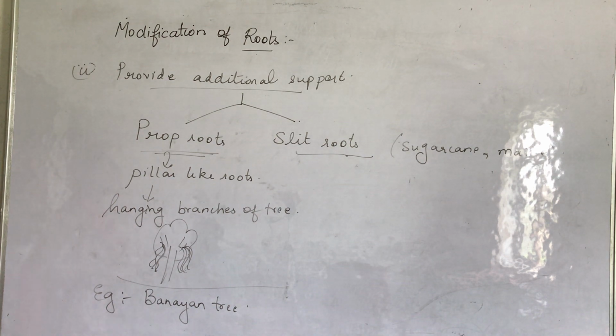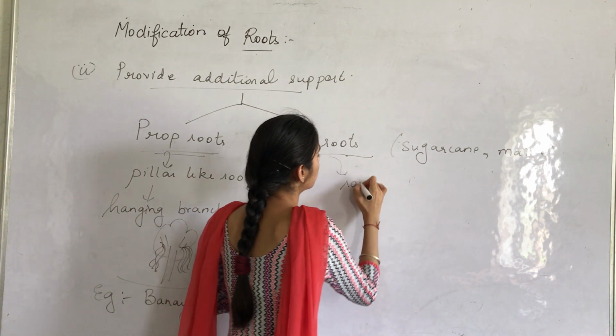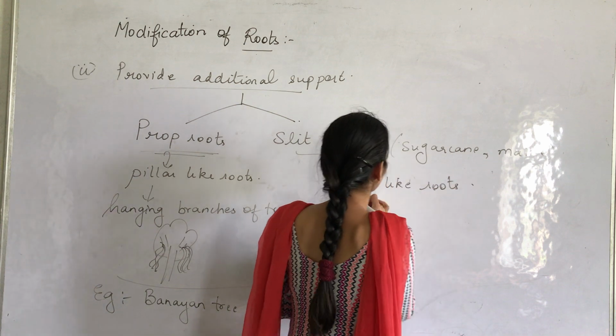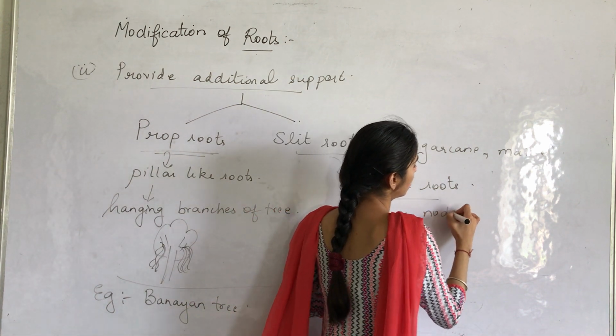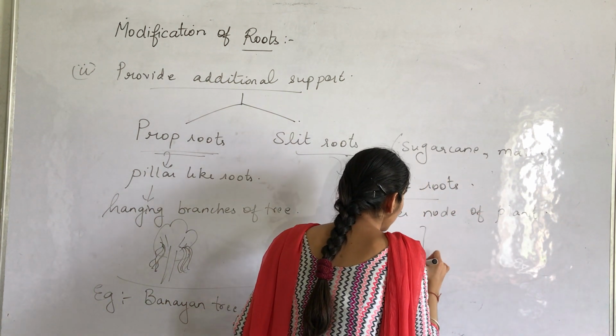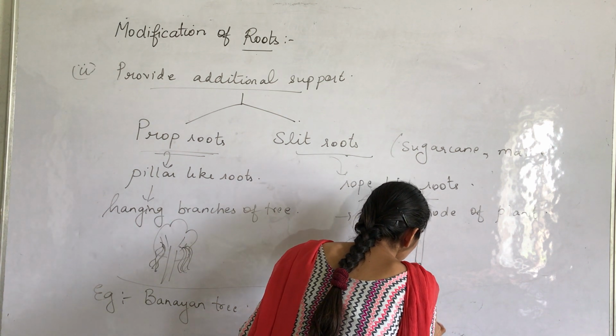Okay, prop roots are pillar-like, but these stilt roots are rope-like roots, and they arise from the lower nodes of the plant. For example, this is a sugarcane plant. Sugarcane has nodes.